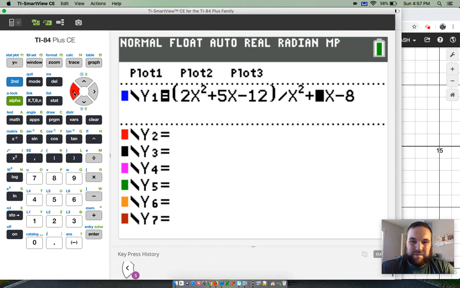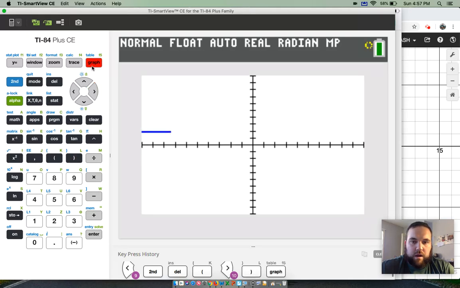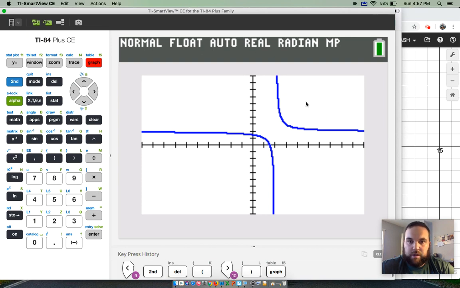Now, I did not put that in parentheses, which is going to be a problem, so I'm going to go back and insert parentheses there. All right, now if I hit graph, it does come down from the top after that asymptote.